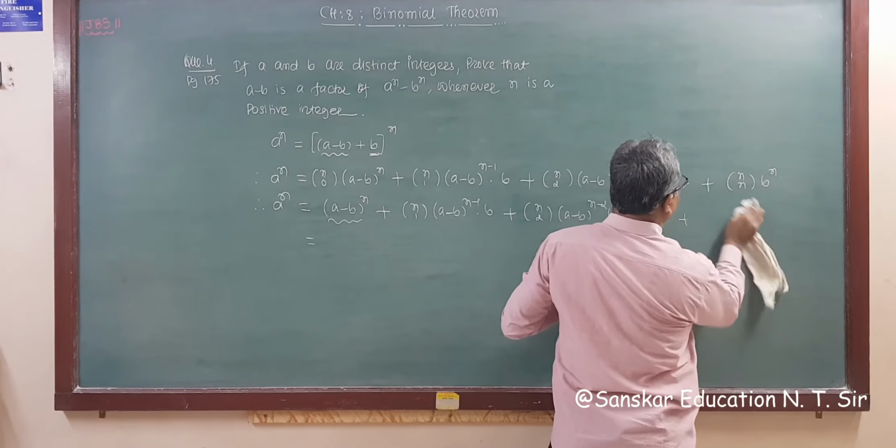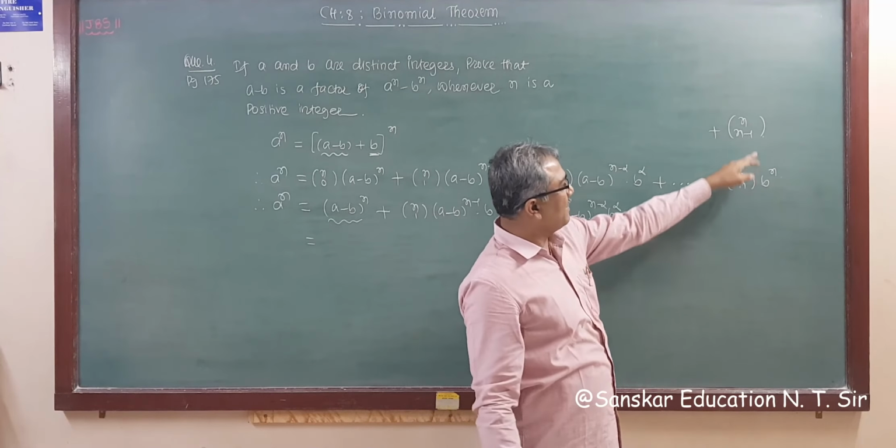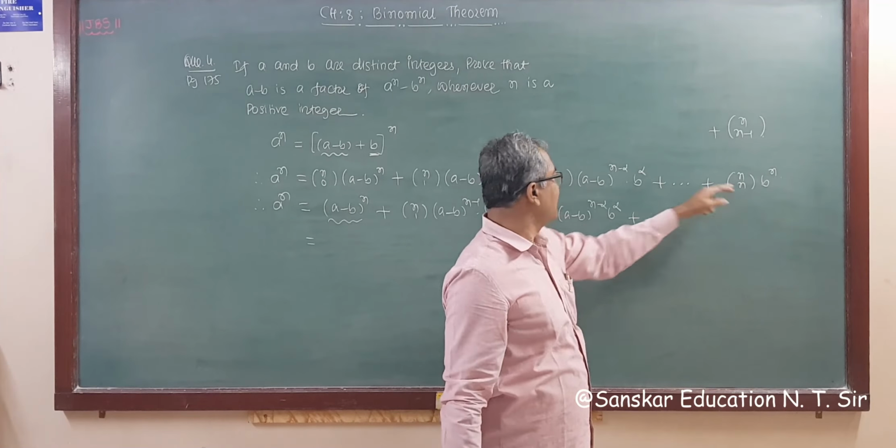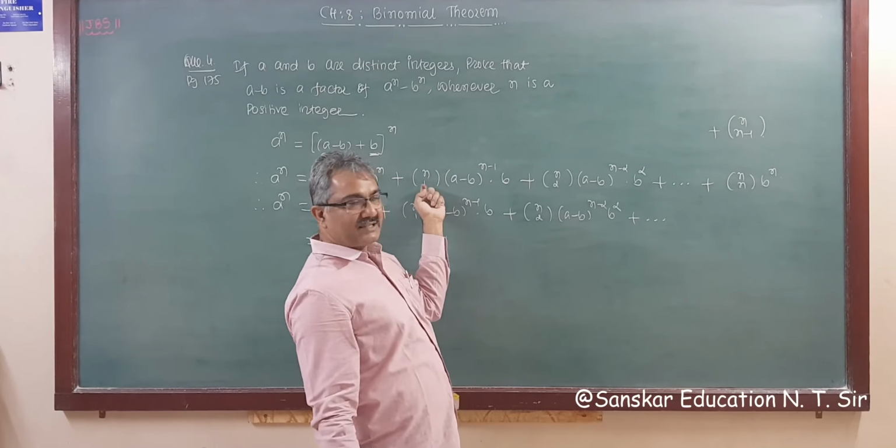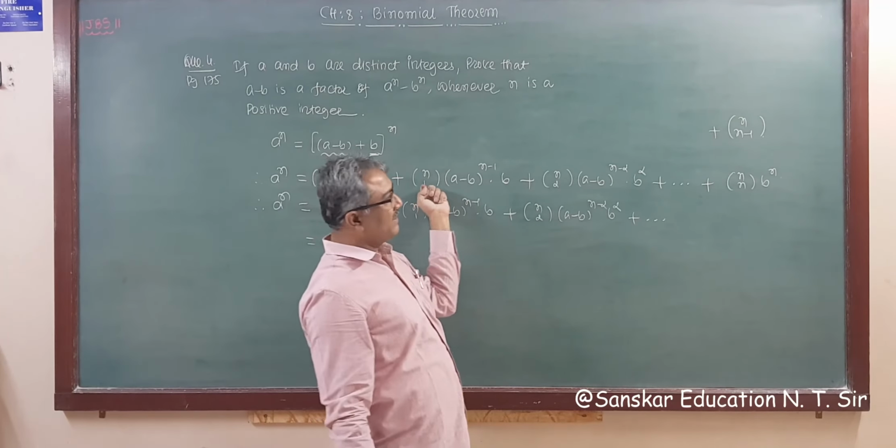So before this term there is a term, plus nc n minus 1, one power increasing, so a minus b raised to 1.